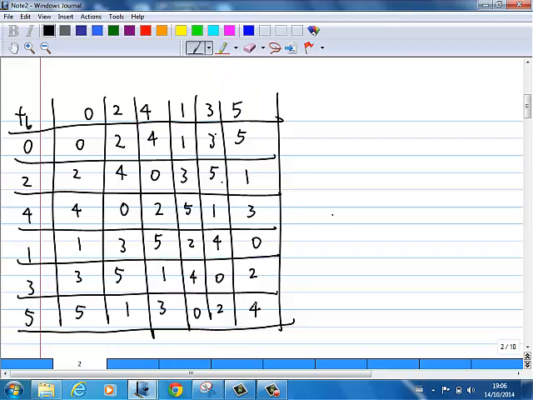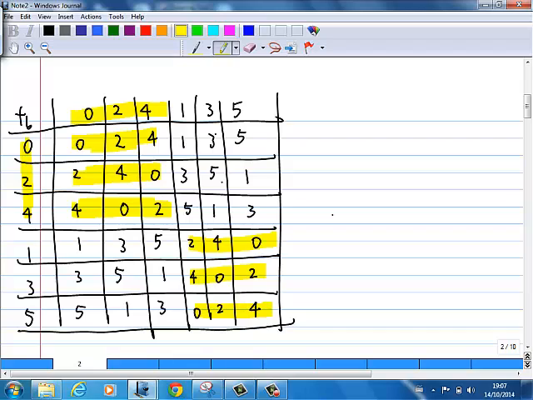Now why do I want to do this? Notice that 0, 2, 4 is actually one of the cosets. You see that this all together, all 0, 2, 4, right? This one also all 0, 2, 4.